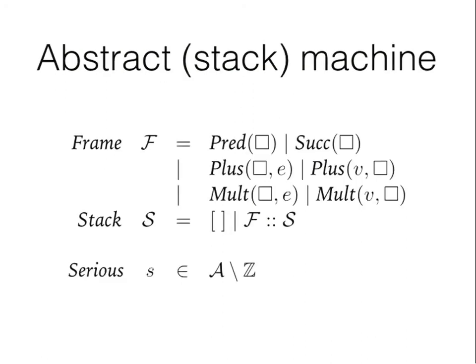Okay, and we can also talk about more of a machine model. The previous models that we've seen have been fairly high level, right? One was the natural semantics, and the other was these various forms of reduction semantics. But if we wanted to actually implement this, well, we've already seen one implementation, the OCaml implementation.